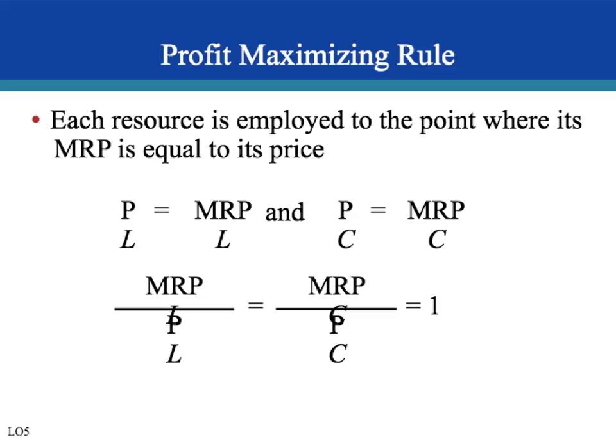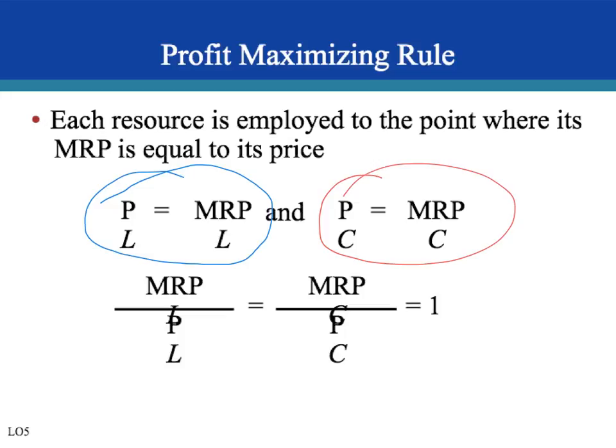Okay. When each resource is employed to the point where its marginal revenue product is equal to its price, then the firm has produced the profit maximizing level of output. So the price of labor should equal the marginal revenue product of labor, and the price of capital should equal the marginal revenue product of capital.